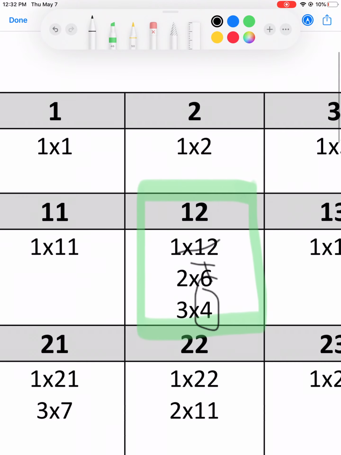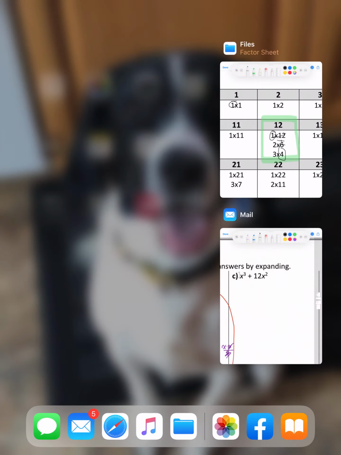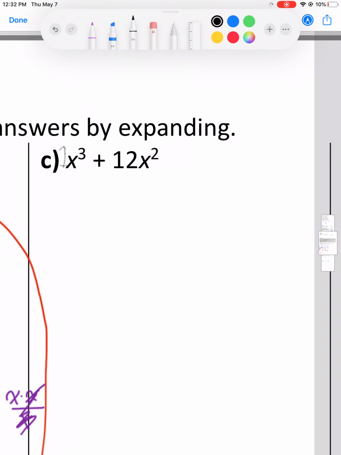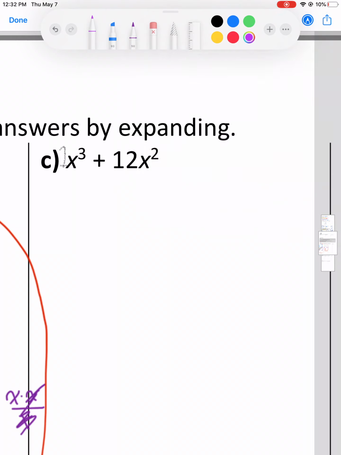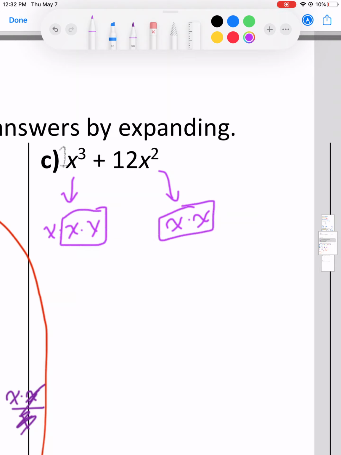But as you can see here, this has 3 x's and this one has 2. So the greatest common factor is x squared, not 2x, x squared.